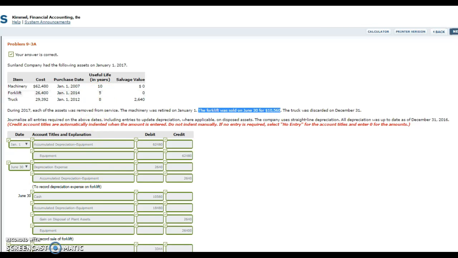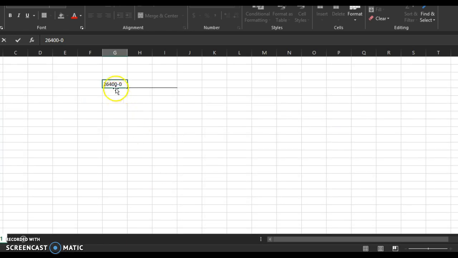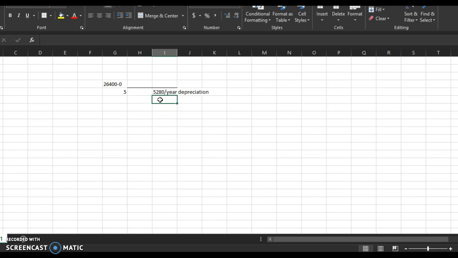So that would have been 5 for this particular forklift. So the answer you get there is $5,280 in yearly depreciation. However, because we're only doing a half of year's worth of depreciation because we sold it on June 30th, we would need to figure out what that is.